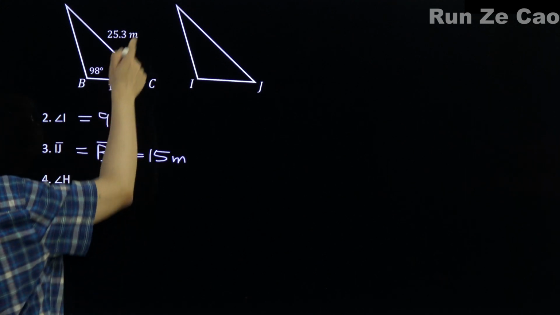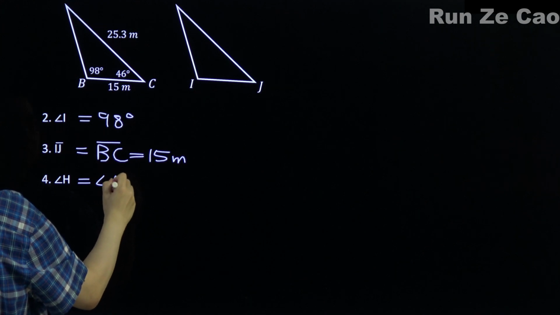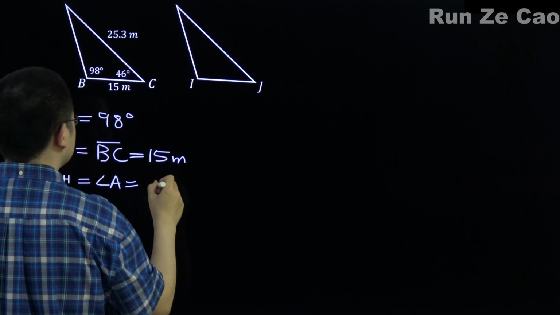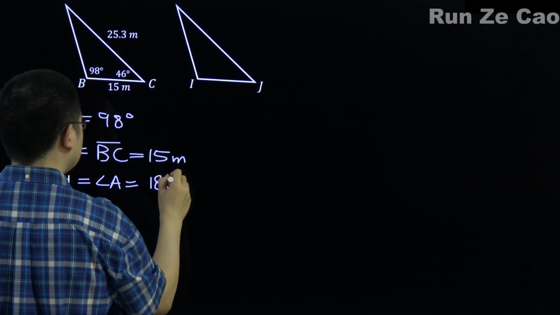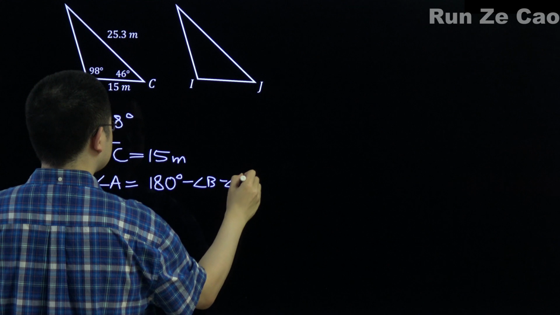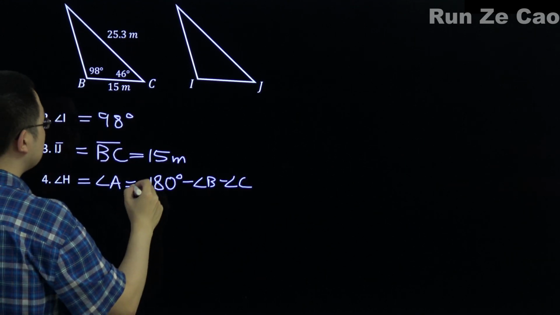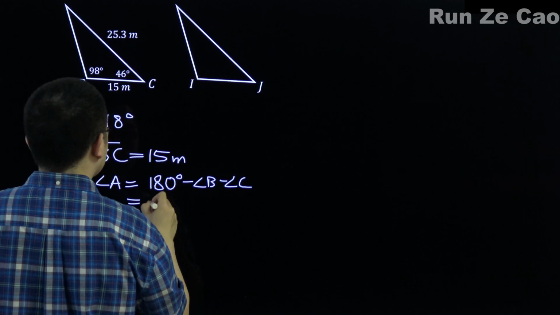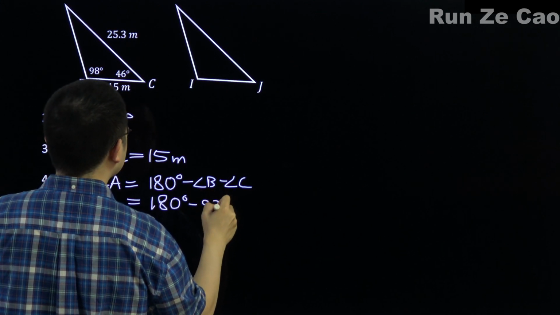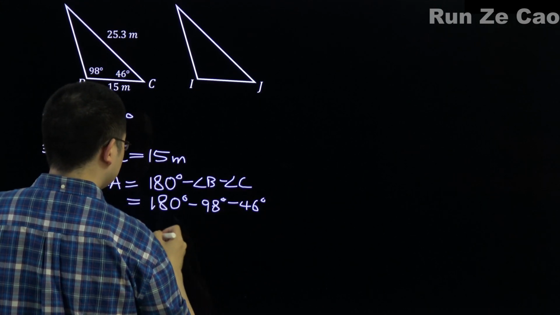Angle H, that corresponds to angle A, equals angle A, which is equal to 180 degrees minus angle B minus angle C. So equals 180 degrees minus 98 degrees minus 46 degrees.